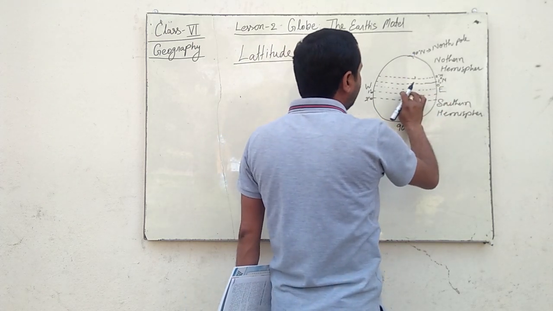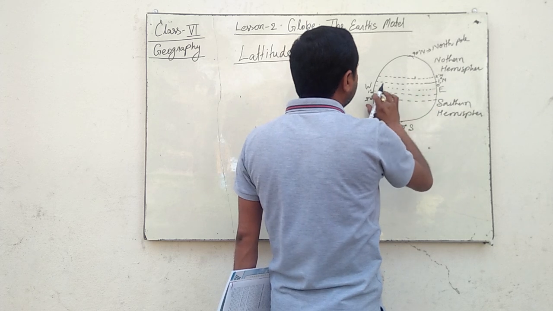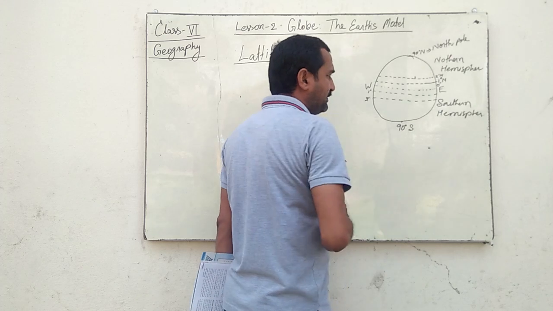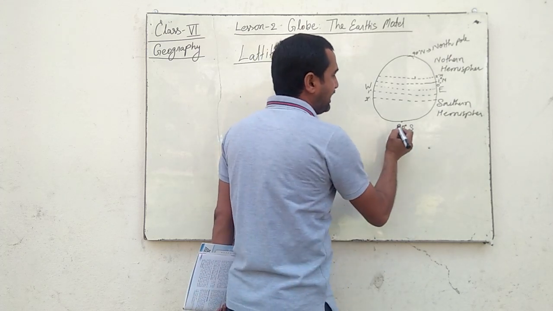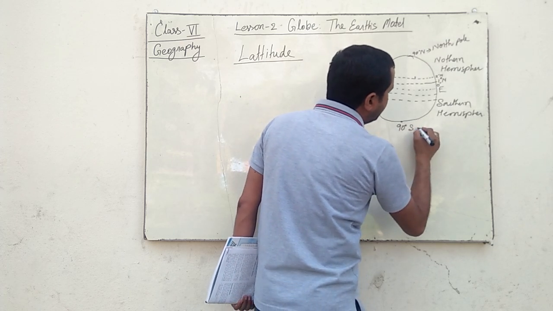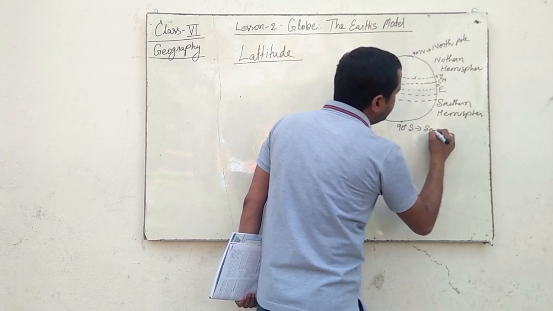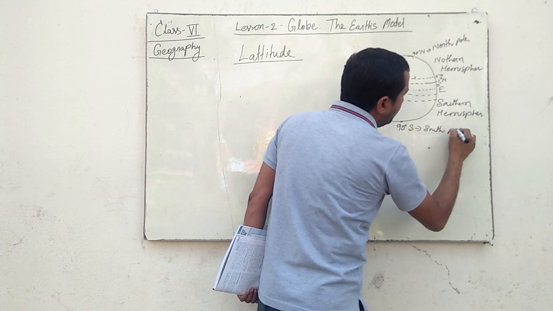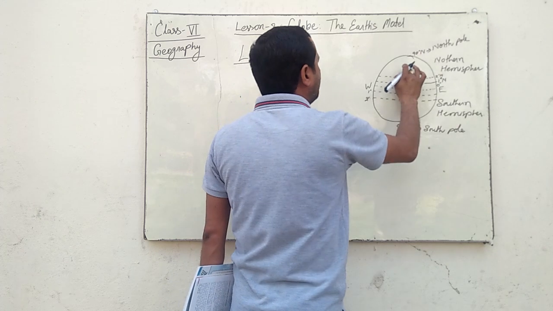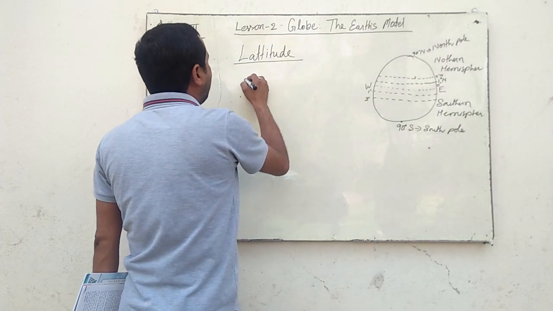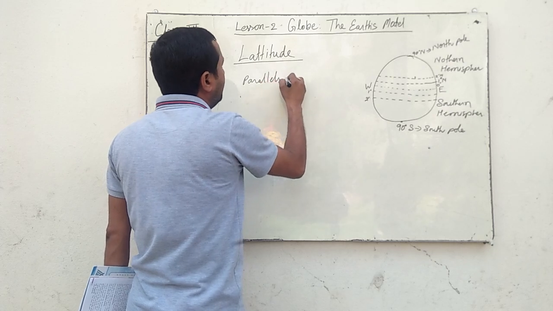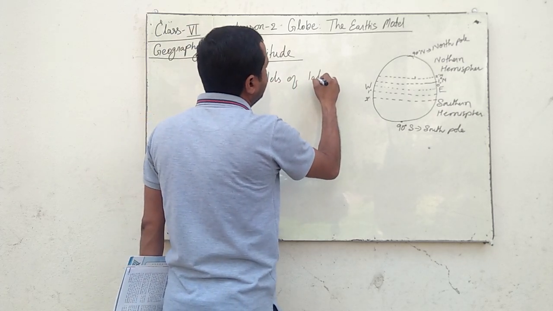And if we go 1 degree south, 2 degree south, 3 degree south, then we move to the point that is 90 degree south, the South Pole. All these lines together are called parallels of latitude.